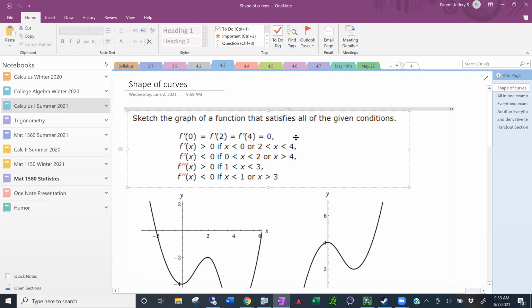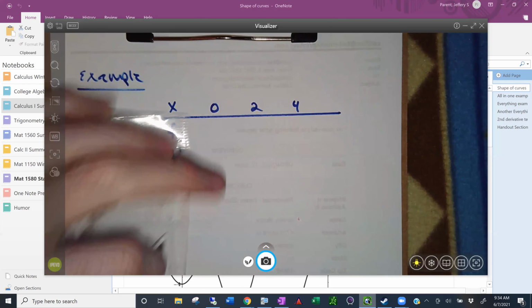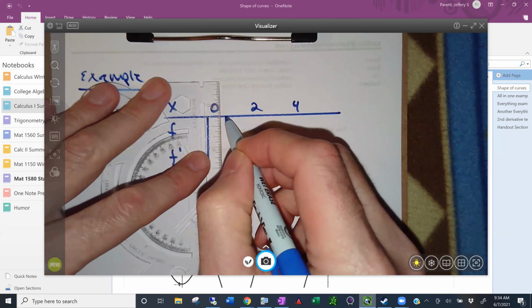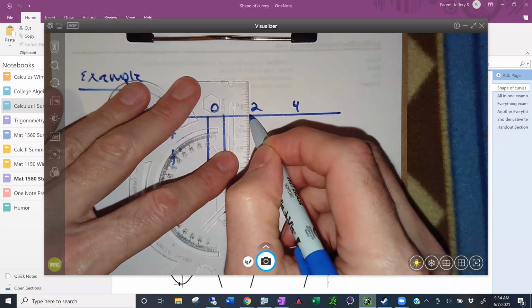So I'm going to make one of those charts that I did a minute ago for the first and second derivatives. We've got points at 0, 2, and 4. That's where the derivative is 0. So I want to take note of that.